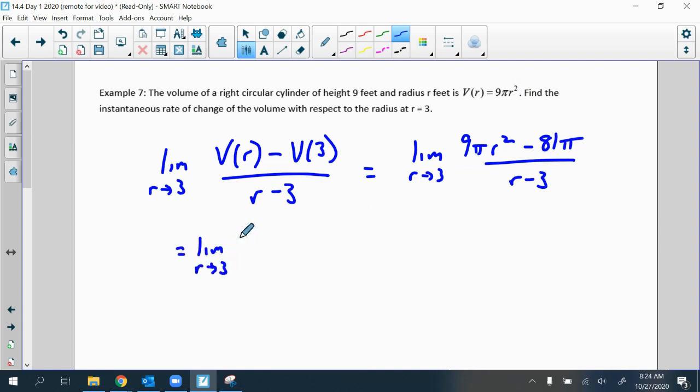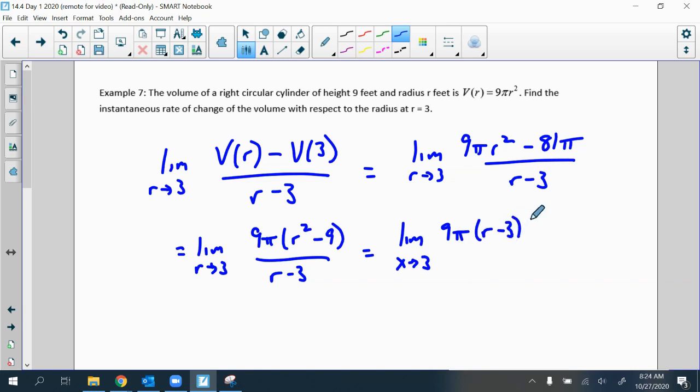Limit as r approaches 3 of 9 pi is factorable out of this. So I have r squared minus 9 over r minus 3. And as you can see, what we're noticing every single time we do this is that something ends up canceling out with the denominator. If it doesn't, we probably did it wrong in one of these problems.